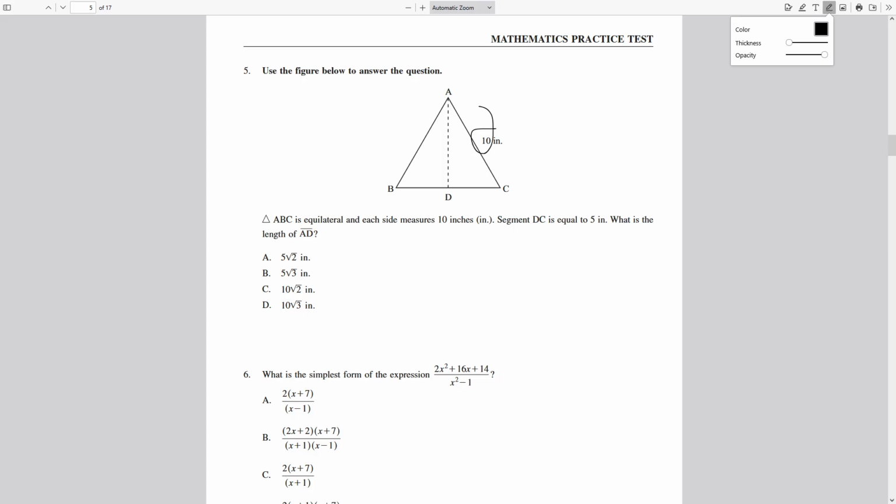So, A squared plus B squared equals C squared, which is 100. Oh, wait, I know the length of this. This is 5. So it's A squared. Yeah, I'm trying to find A. This is my A.